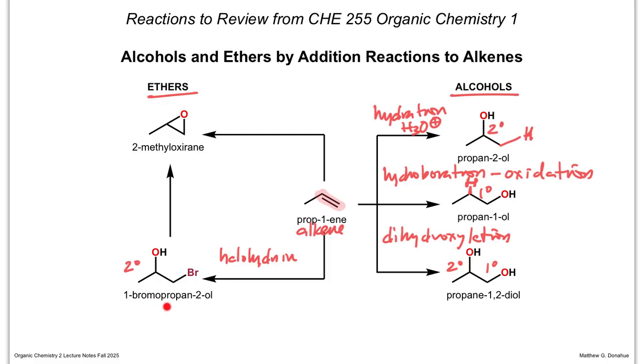You can actually take that alcohol and convert it into an ether. So if we treated that with, say, sodium hydride and THF as the solvent, we know the sodium hydride would do an acid-base reaction.